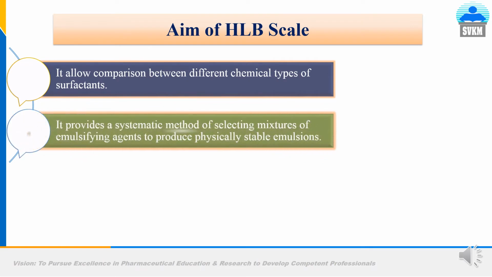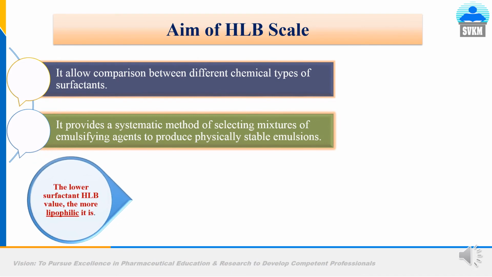It also provides a systematic method of selecting a mixture of emulsifying agents to produce a physically stable emulsion. It means that instead of one, if we know the HLB value of a given surfactant molecule and want to produce a stable dispersion system, we choose a mixture of surfactants which will produce a physically stable emulsion. That type of knowledge we generally take from this HLB scale.